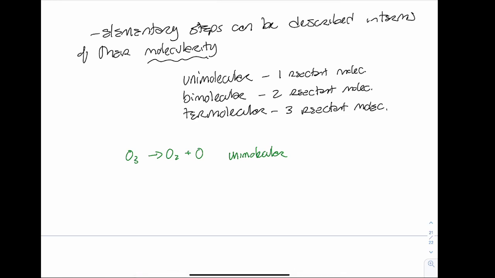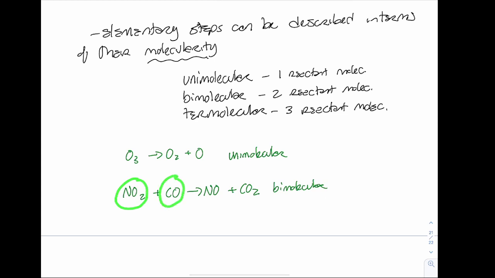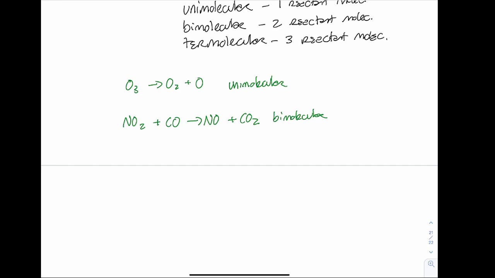If I was to look at NO2, so nitrogen dioxide, plus carbon monoxide, going to nitrogen monoxide plus carbon dioxide, this would be considered a bimolecular reaction. I have two reactant molecules, so bimolecular. We could also have a bimolecular reaction by having a coefficient of 2 in front of one reactant.